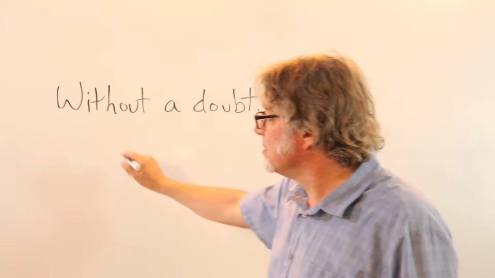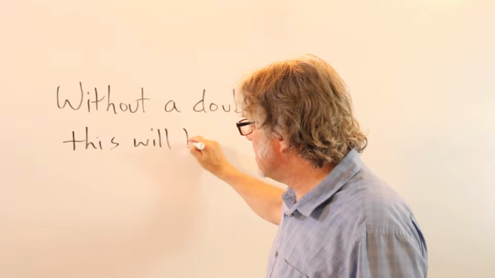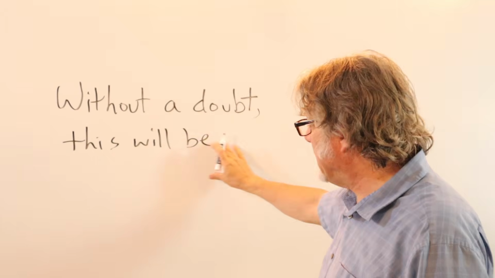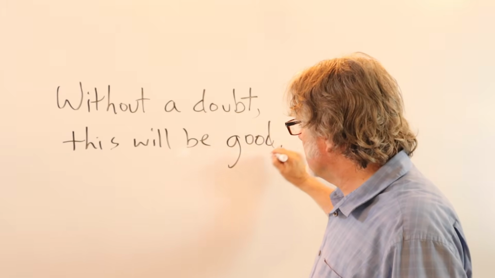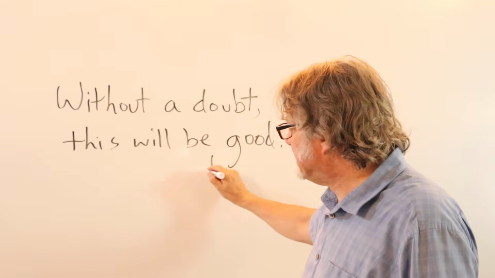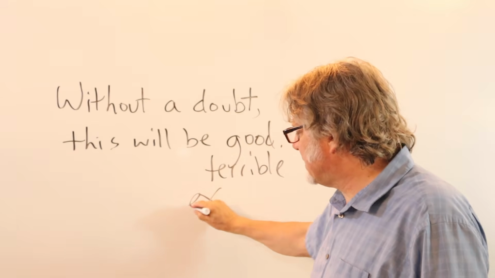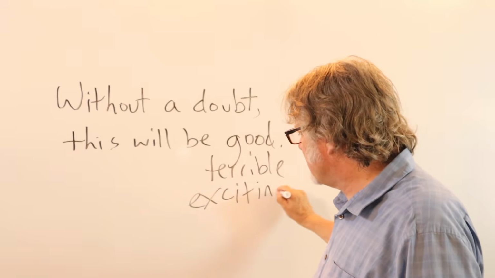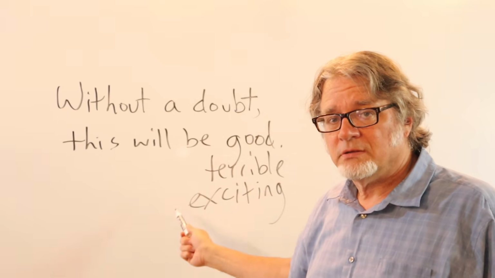Without a doubt, this will be, and then you can put anything here. This will be good, or this will be terrible, or this will be exciting. This is some kind of a prediction about the future.